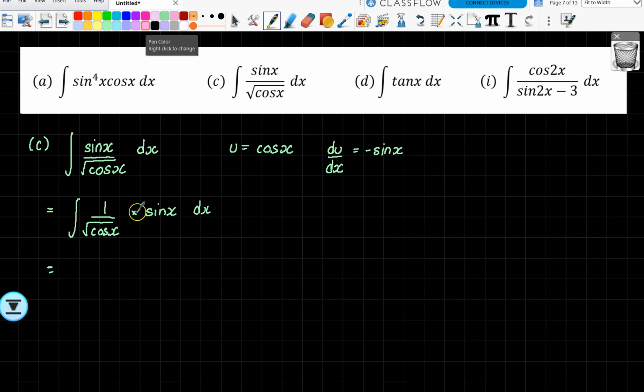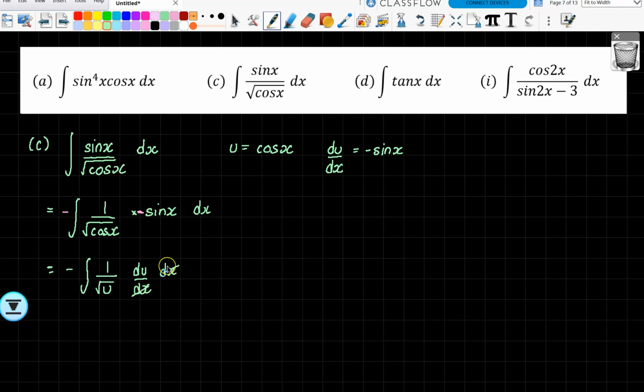So what I'm going to do is pop a minus there, the minus sign, and because I've done that, I'm going to put a minus sign out the front. So a minus times a minus is a positive, and I haven't really changed anything. What that allows me to now do is say this is minus 1 over root cos, so that's root u. This minus sine x is du by dx.